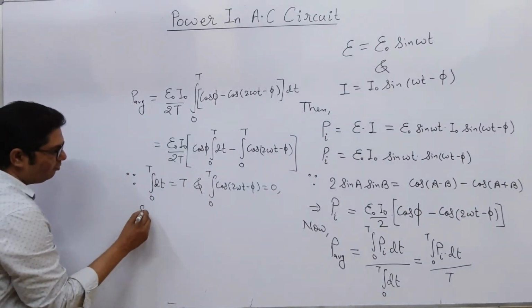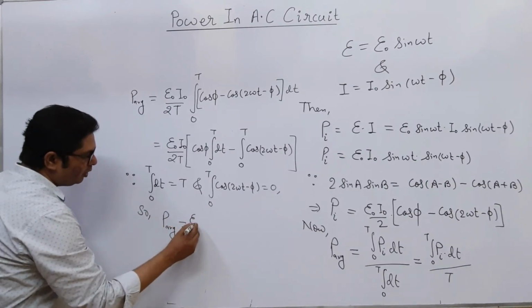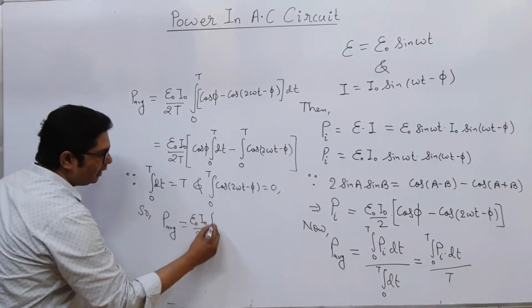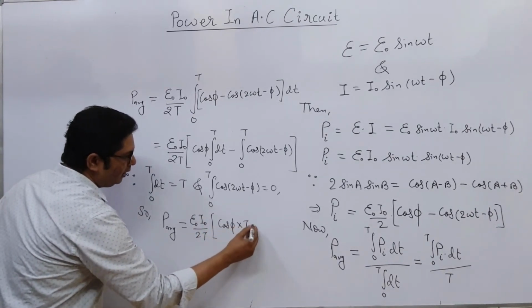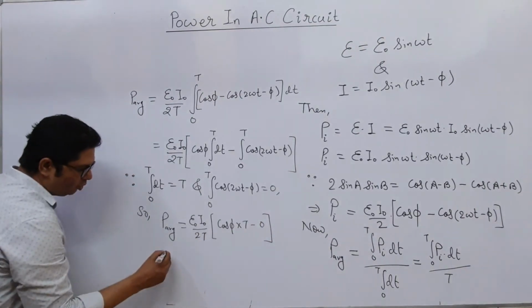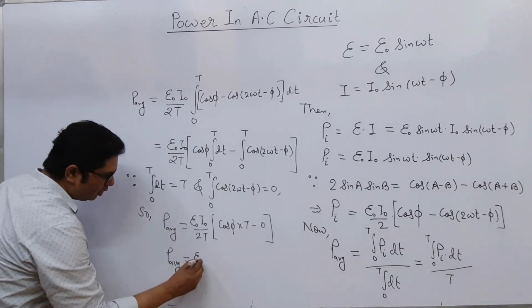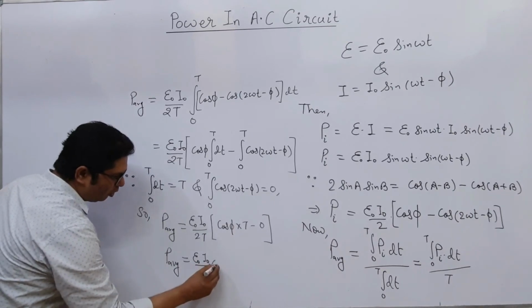So you have P average equals E naught I naught upon 2T, bracket cos phi into T minus 0. So cancel out this T. So you have P average equals E naught I naught upon 2 into cos phi.